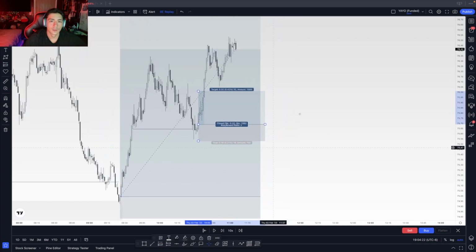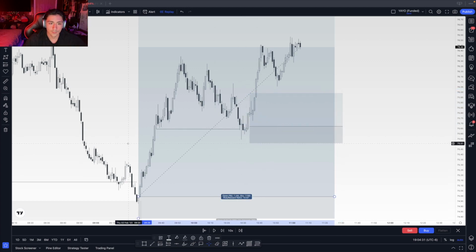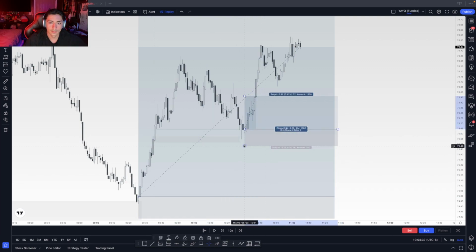Yep. Perfect. Personally, I would want to tap into that, but this little offloading area is fine. You can enter on that, and then some order flow right there.